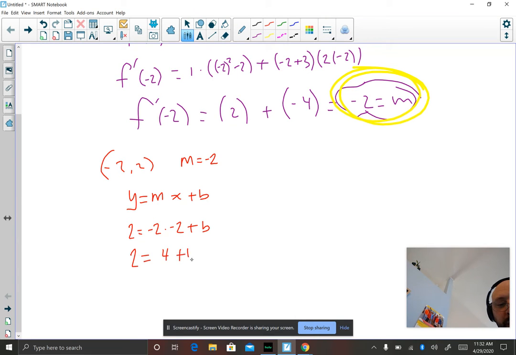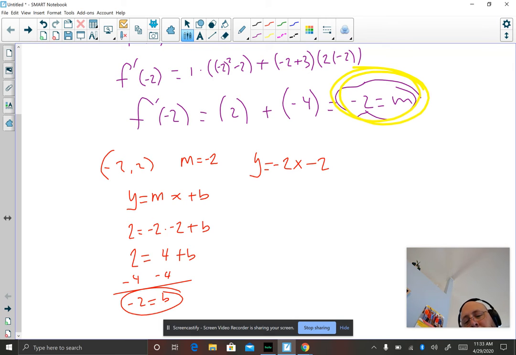Do a little math, and get -2 equals your y-intercept. So the actual answer to part A is y equals -2 for slope and -2 for y-intercept. That is the equation of the tangent line.